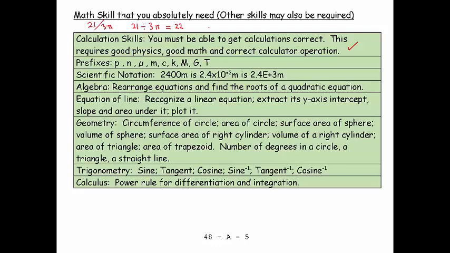And the reason is because the calculator thinks they want to take 21 and divide it by 3, and then you want to multiply that by pi. So you get 7 times pi, which is more than 21.